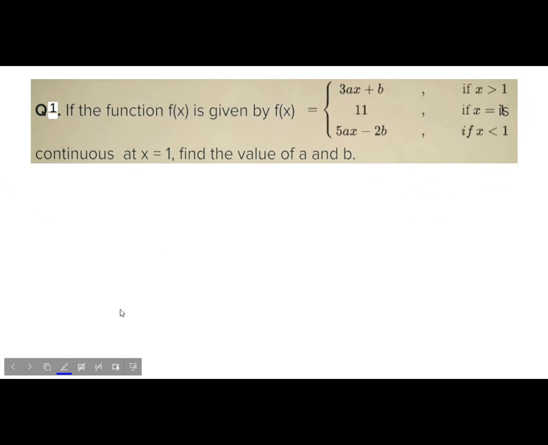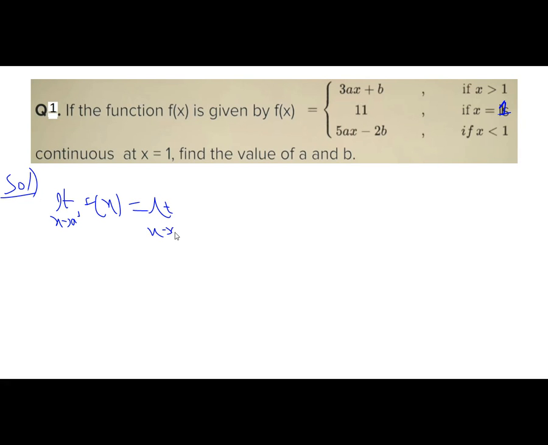With this, according to the condition on the first slide, the limit as x tends to a from the positive side of f of x should equal the limit as x tends to a from the negative side of f of x, which should equal f of a.